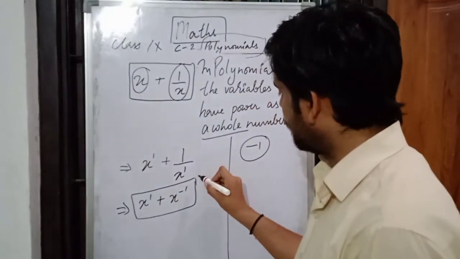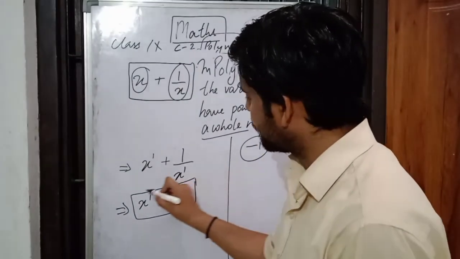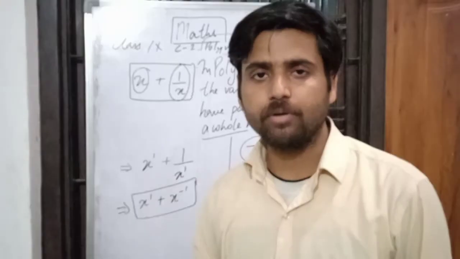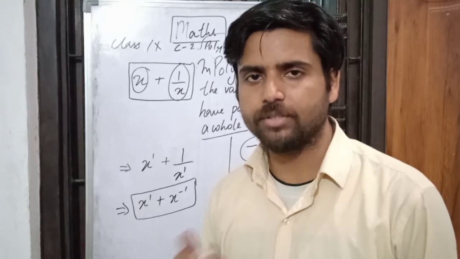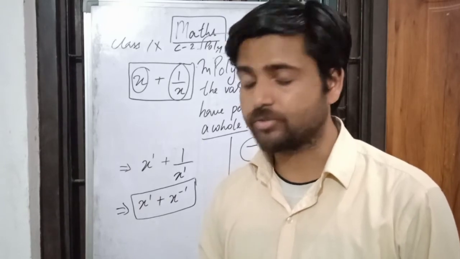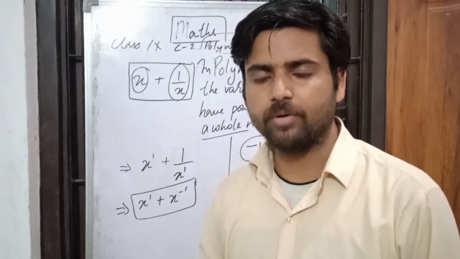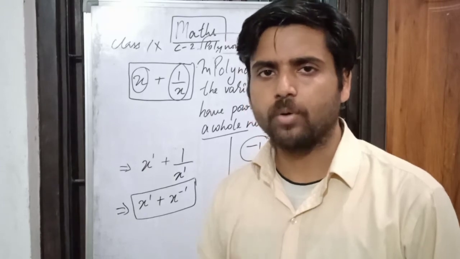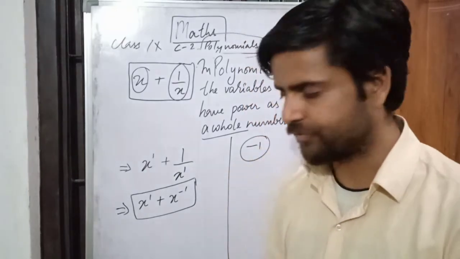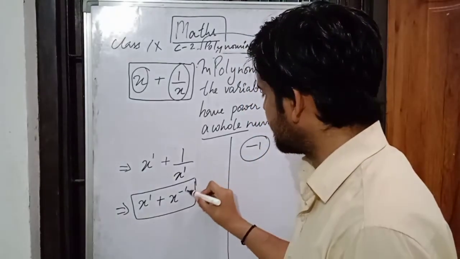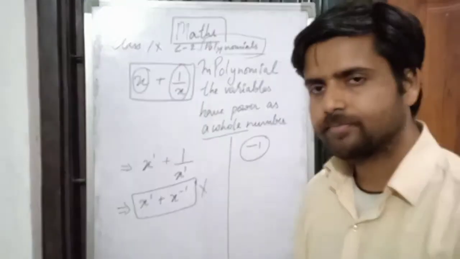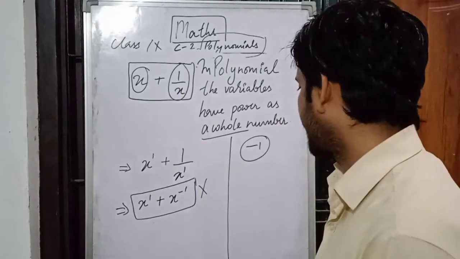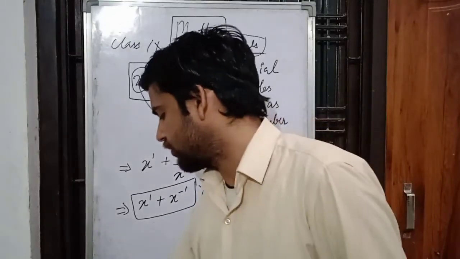So for an expression to be a polynomial, the power of the variable in all the terms should be a whole number. They should never be negative. Since this power is negative, this is not a polynomial.